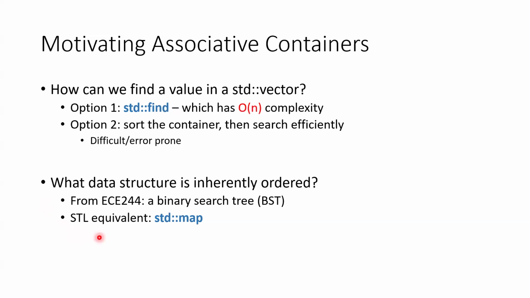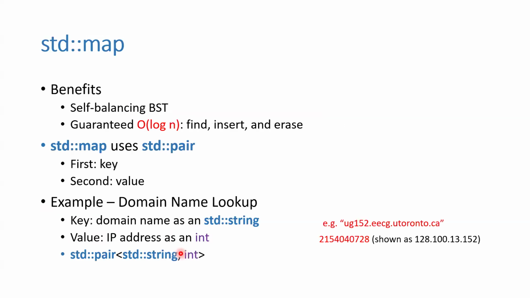In the STL, it's implemented as a map so that you don't have to write a binary search tree. The std map is a self-balancing BST. Therefore, it's guaranteed O(log n) time to find, insert, and erase.